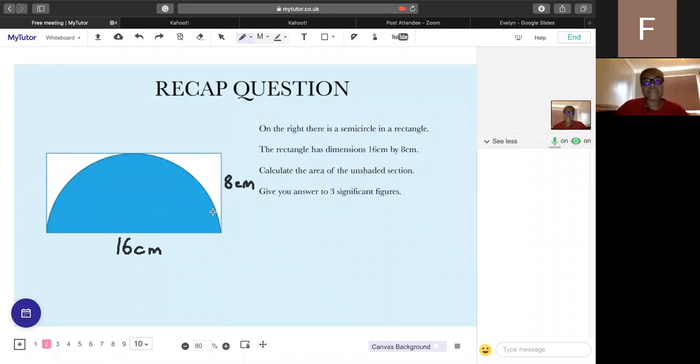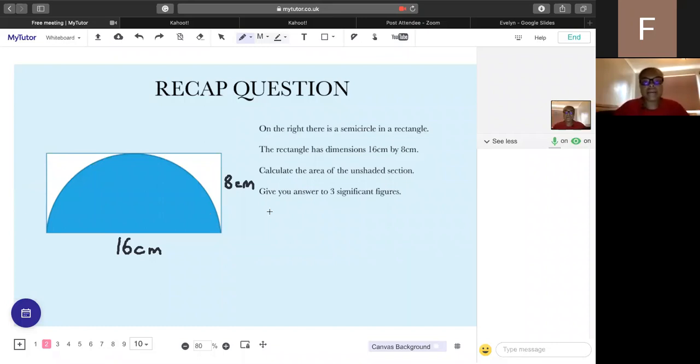We can treat this similar to a compound shape question. We could work out the area of the rectangle and then take away the area of the semicircle. For this one, you are going to need a calculator. I'm going to get mine, just so we can work out an accurate answer and give it to 3 significant figures.